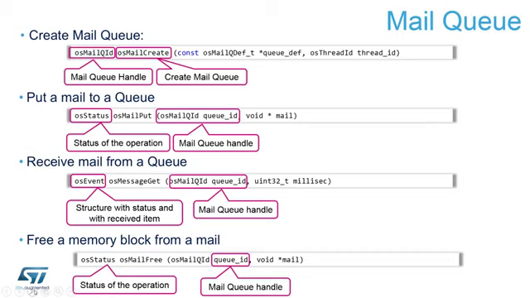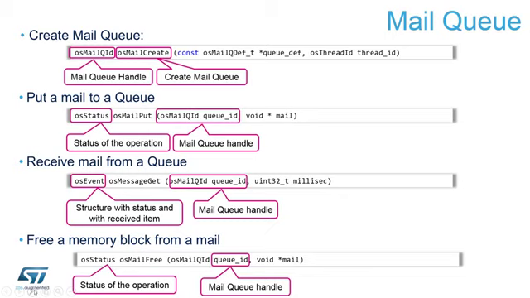So if you, for example, are used to sending strings with 100 characters, you can define a mail for 10 strings, 100 characters each, or 101 for the termination. So this way, you can send as many as 10 strings, but you will need more than 1 kilobyte of your memory.